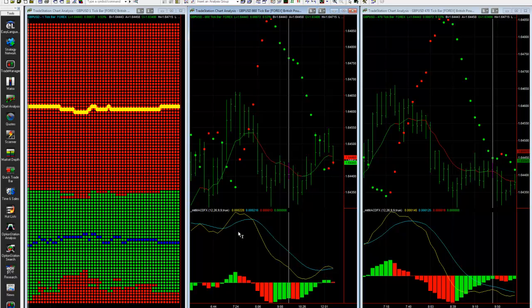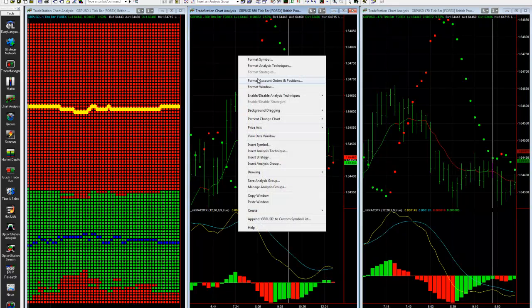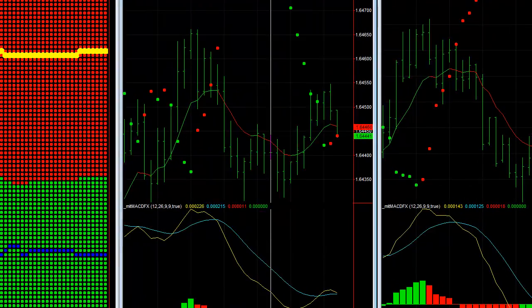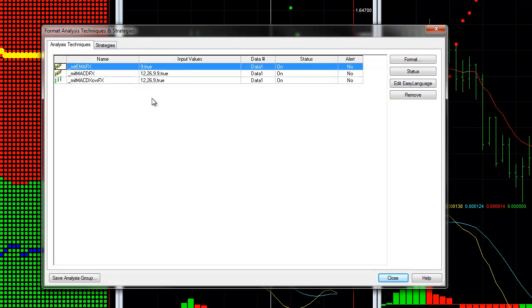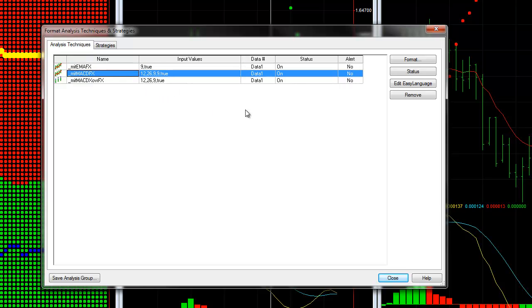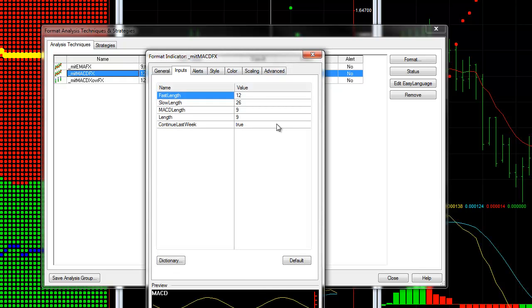If we look at the parameters that go into the MACD, and that would be this indicator here, and we call up the formatting window, you can see that the inputs are the standard inputs that one would enter for a standard MACD.